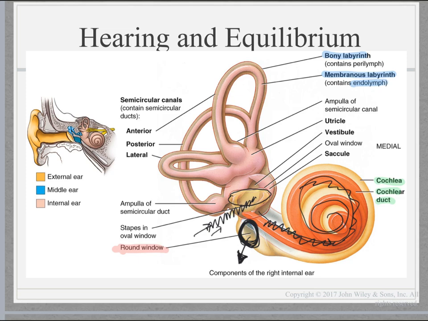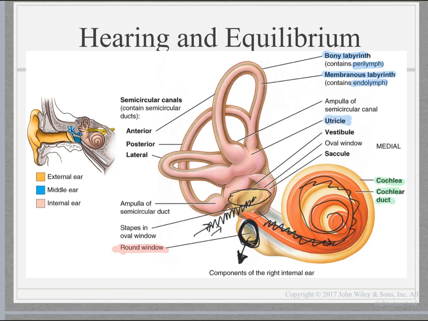So in the membrane, endo is within, perilymph flowing around that membranous labyrinth. And again, this is going to move an apparatus within the ampulla of the semicircular canal located in the utricle here, in the utricle. And we'll look into that when we do equilibrium.